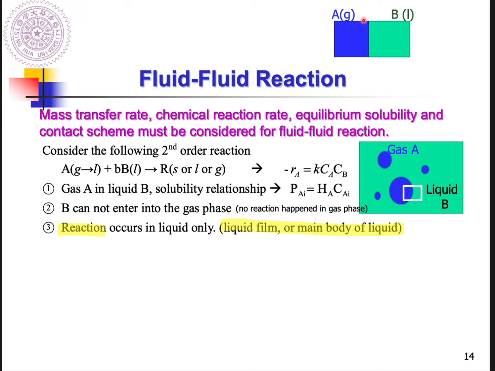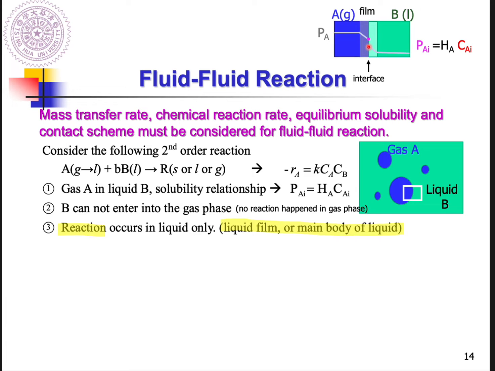So what does this mean? I draw another figure. Gas A reacts with B. As we know, the interface is here, and the film layer is here. And you have a partial pressure. When the reactant gas A enters the film layer, the partial pressure will decrease. And this drop involves the solubility of reactant gas A into the liquid phase, right?